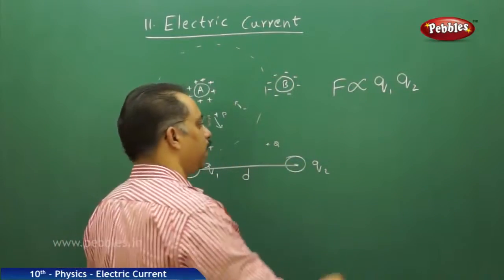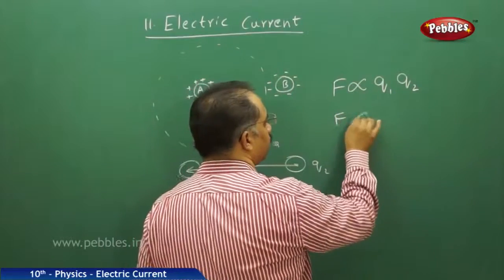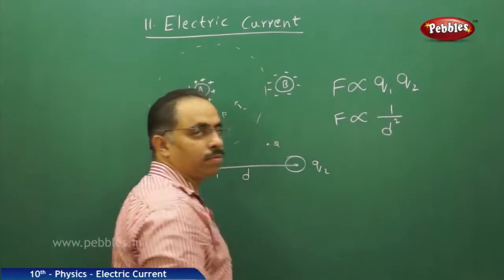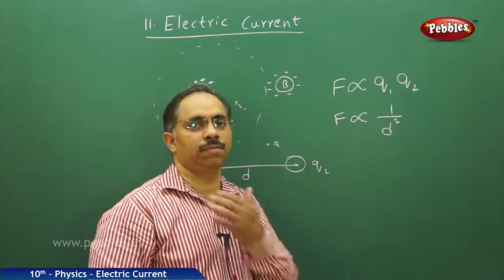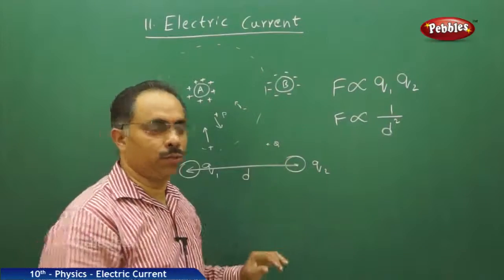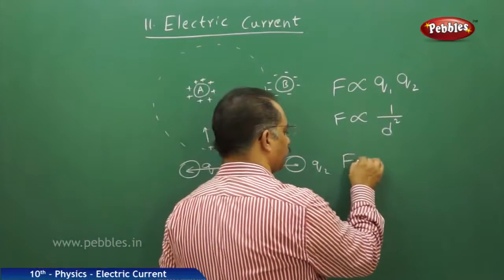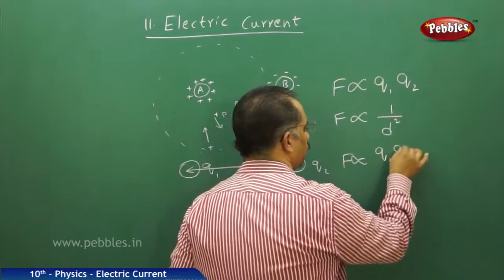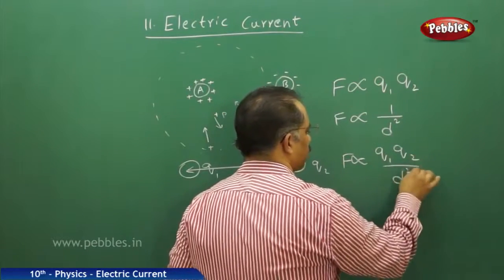Similarly, the force between them is inversely proportional to the square of the distance between the two, 1 by d square. So when I combine these two, F is proportional to Q1 Q2 by d square.